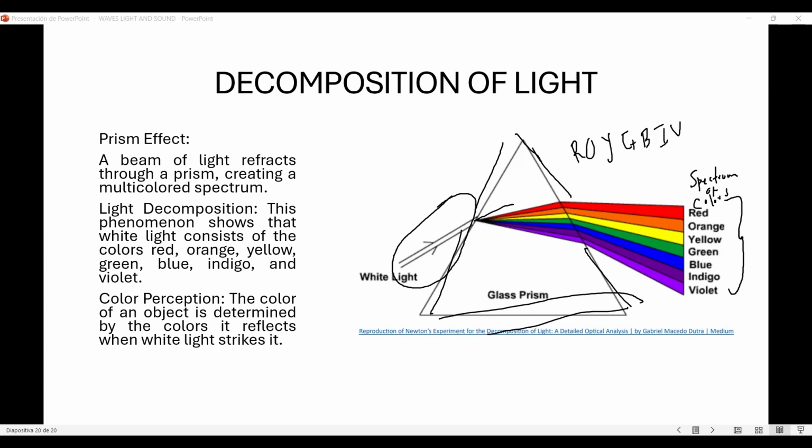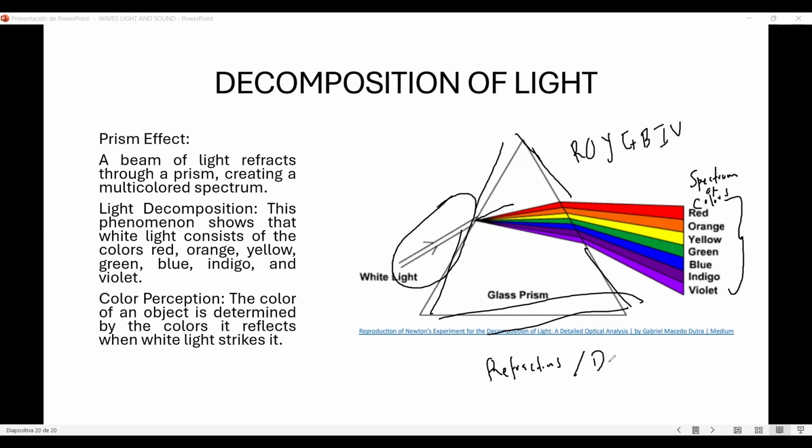The functioning can be attributed to refraction, because light travels at different speeds in different media. When light enters a denser medium, like the glass of this prism, it slows down and bends.